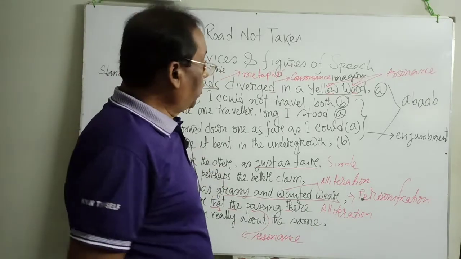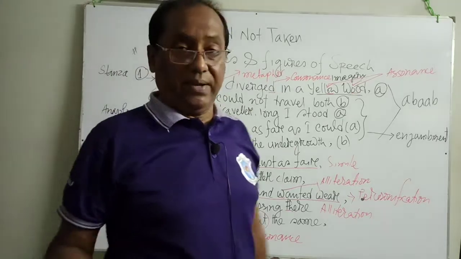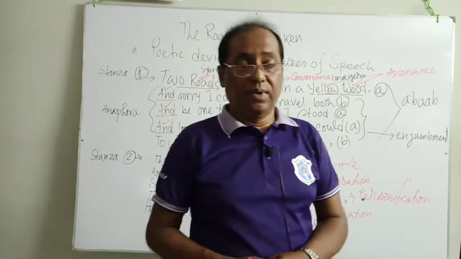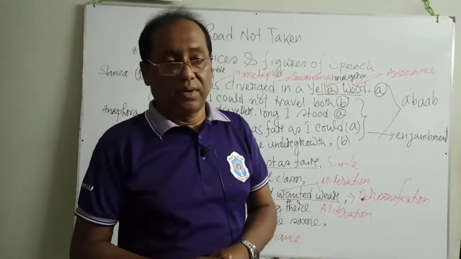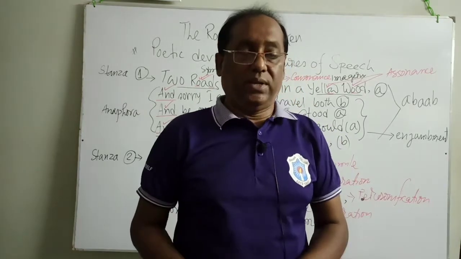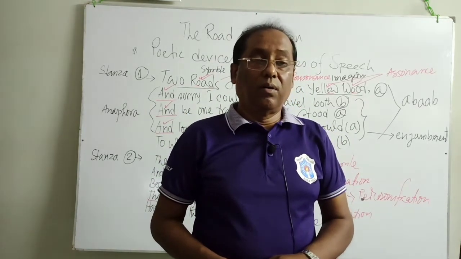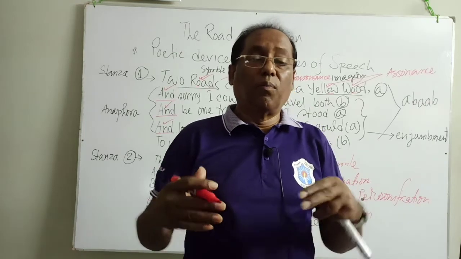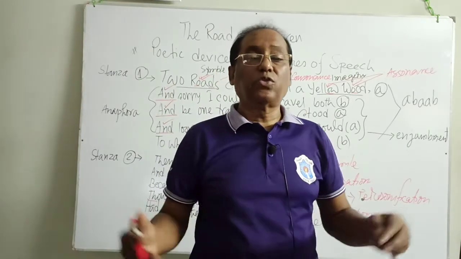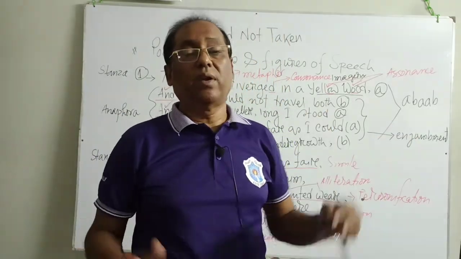My students, we also find in this stanza enjambment. What is enjambment? Enjambment means the continuity of 2 or more than 2 lines without the use of any punctuation such as comma, semicolon, or full stop.